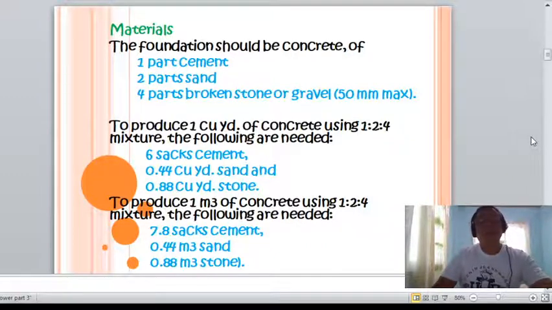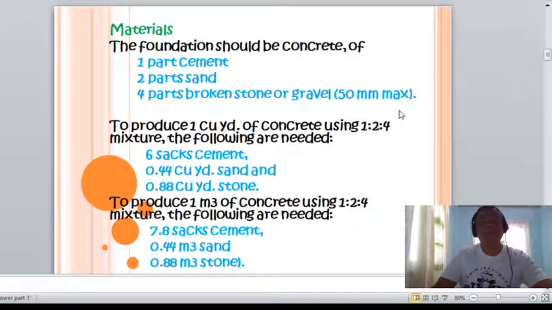In order to produce 1 cubic yard of concrete using 1:2:4, it requires 6 sacks of cement, 0.44 cubic yard of sand, and 0.88 cubic yard of stone. In SI, to produce 1 cubic meter of concrete using the same proportion, it requires 7.8 sacks of cement, 0.44 cubic meter of sand, and 0.88 cubic meter of stone.